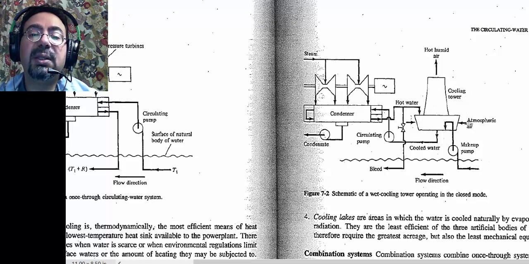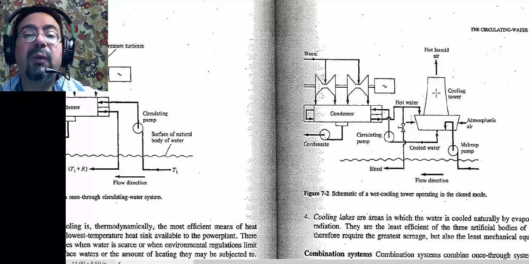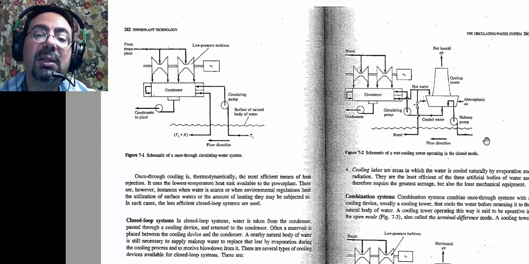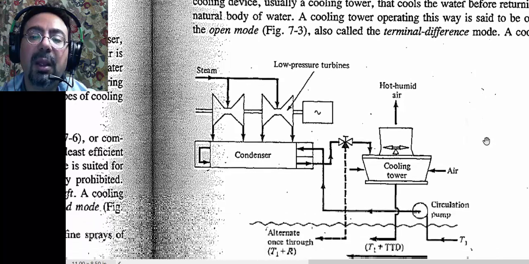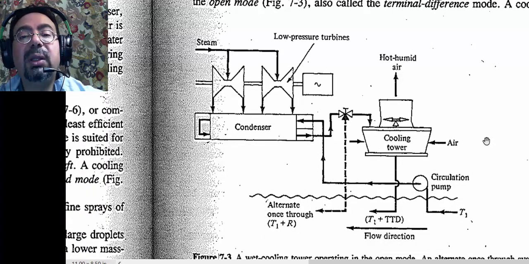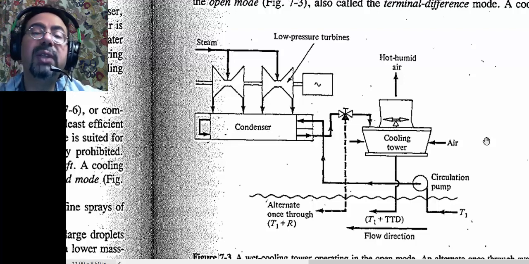And you'll be able to cool that water all the way down to the wet bulb temperature of the air, right? If this cooling tower is a dry cooling tower, then you will cool the air. What's a dry cooling tower? You don't spray the water in the air. So you don't lose any water.